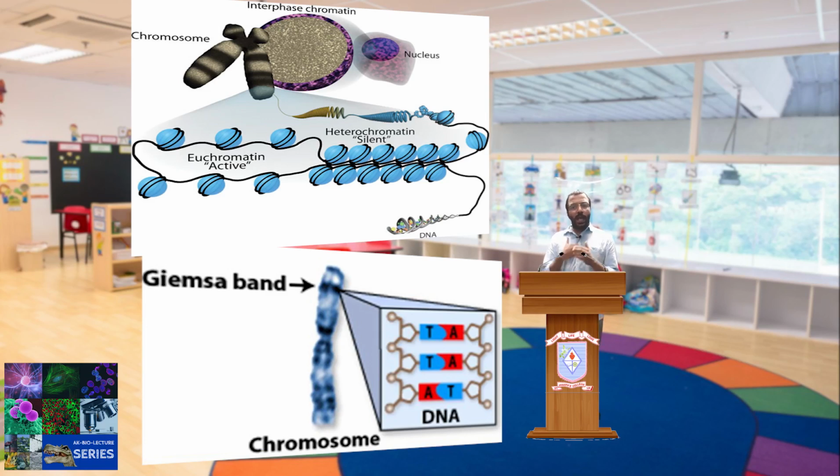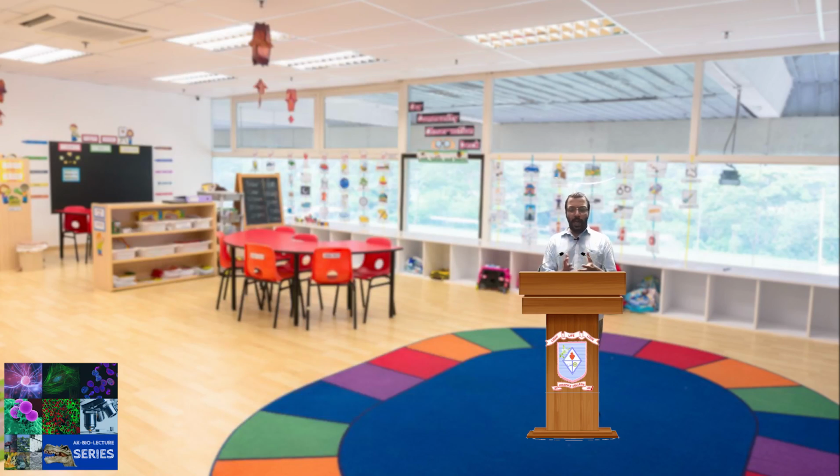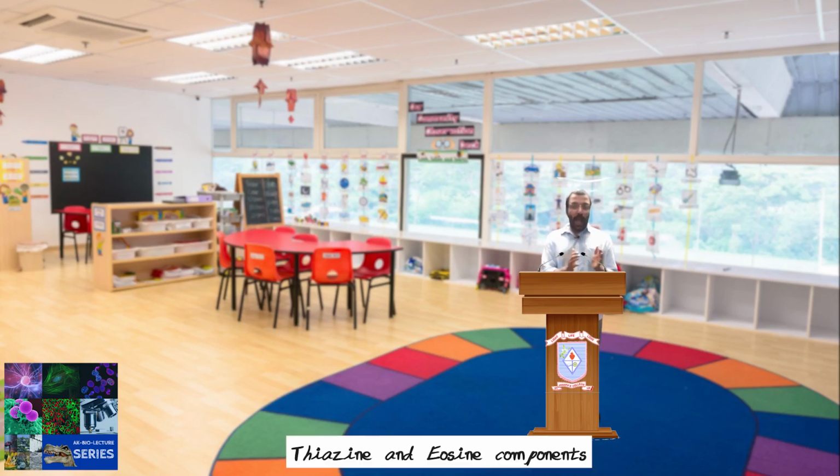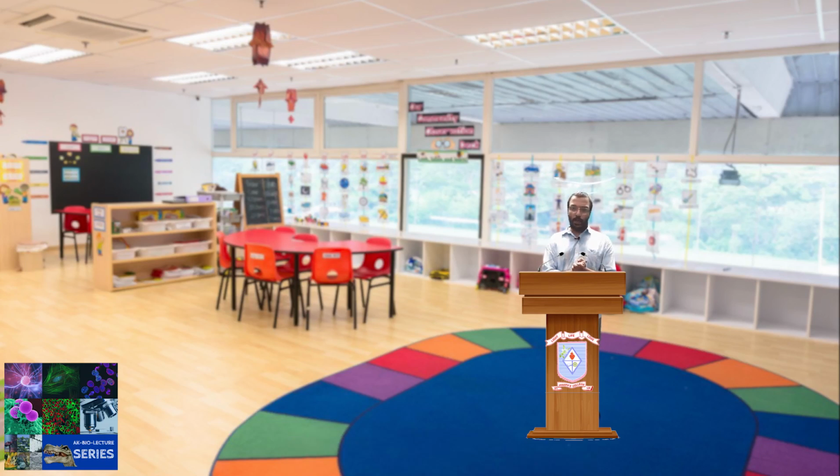How is the intake or deposition of Giemsa stain related to the protein concentration at various sites of the chromosome? Here comes the significance of the composition of Giemsa stain. Interaction of the DNA with the thiazine and eosin components of Giemsa stain brightens the sulfur-rich regions of the chromosomes.